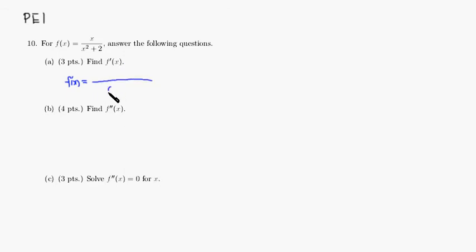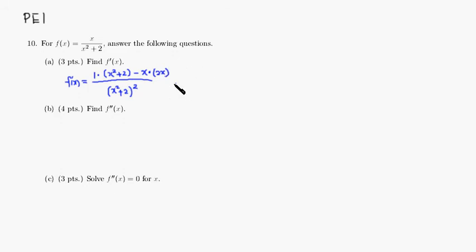square the bottom. So you have quantity x squared plus 2 squared. Then take the derivative of the top, which is 1, times the bottom, which is x squared plus 2, minus top guy, x, times derivative of the bottom, which is 2x.